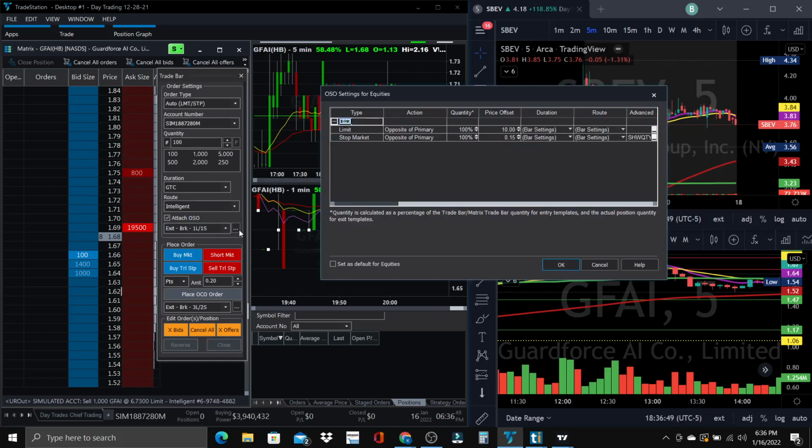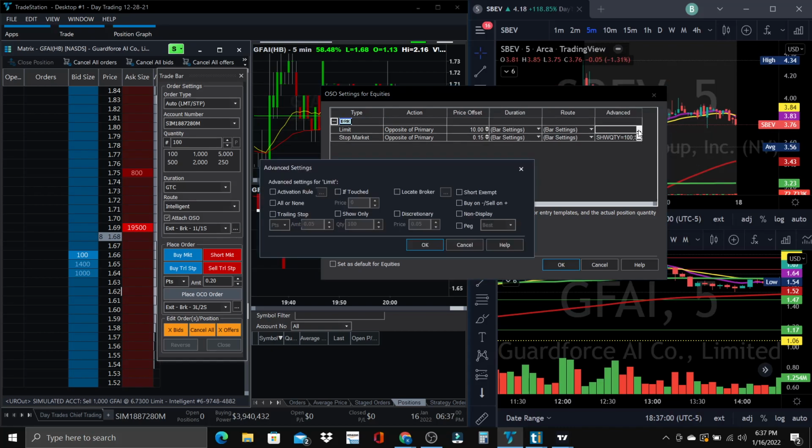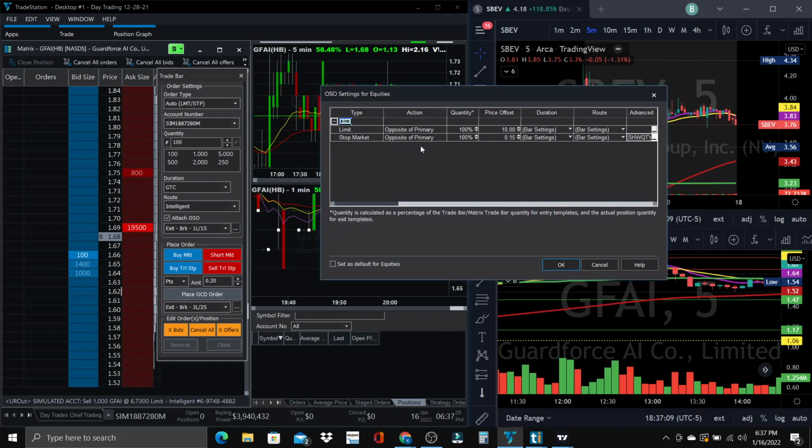So in this case, I'll open up the settings. You can see that this particular order is to take 100% of the order to scale out at... oh, here it is. So this is the trailing stop. You can see here on the order that this is the limit. This is the limit, the price I'm trying to achieve, which is $10 on the trade, which is not likely.